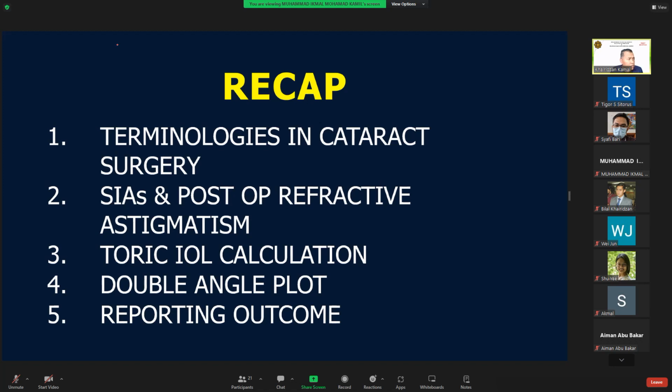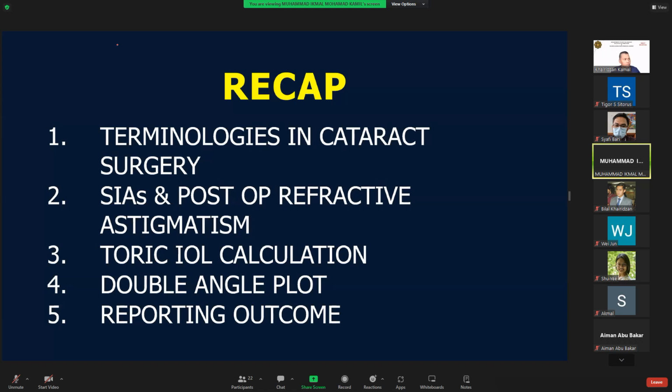Okay, Ikmal, how do you feel when you review the paper? Among the four, this is one of the toughest to review because of so many terminologies. We first need to execute what we have learned. We need to do the proper analysis to get our SIA, and then look at our double angle plot maybe every 3 months.